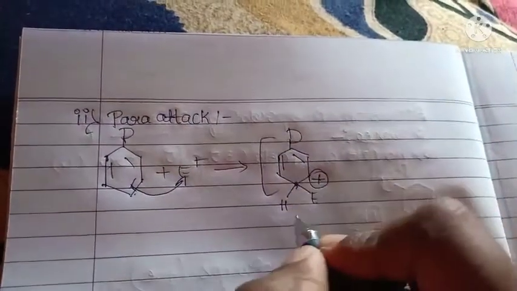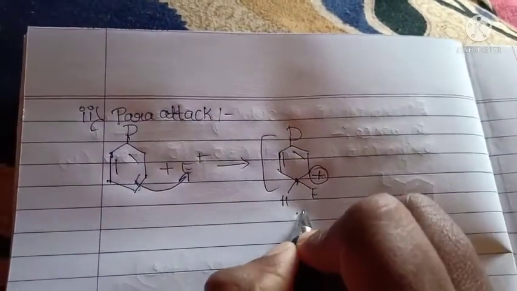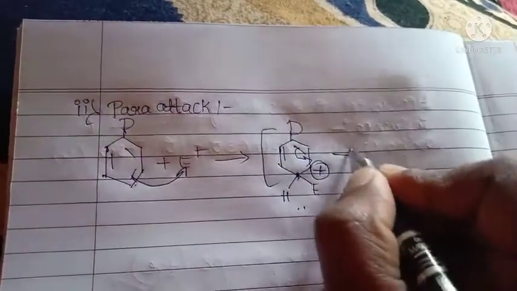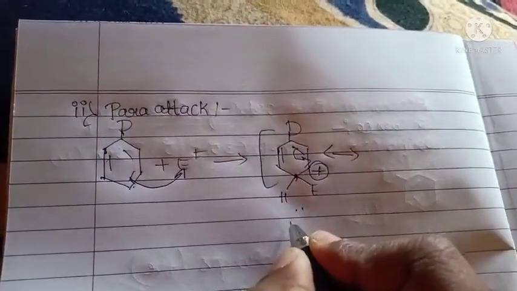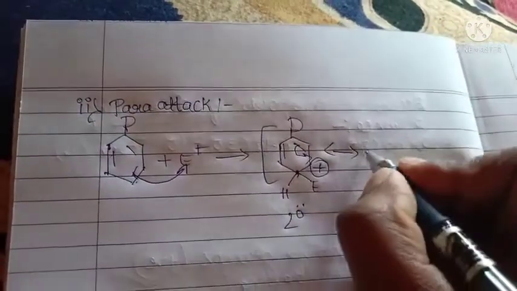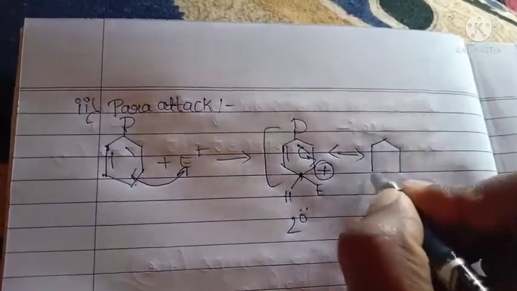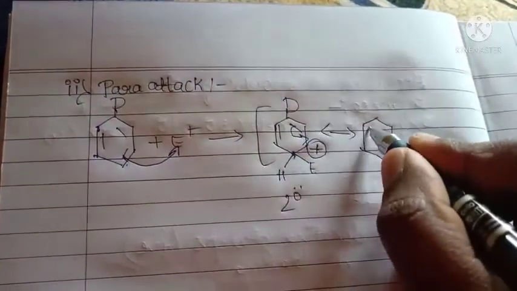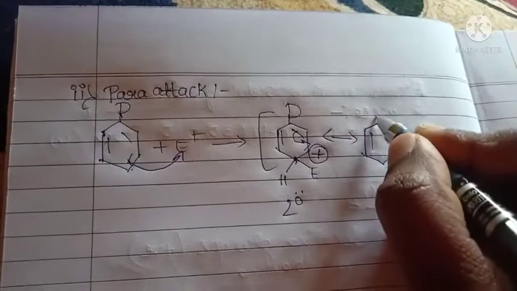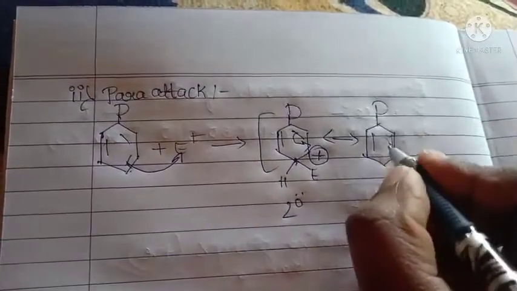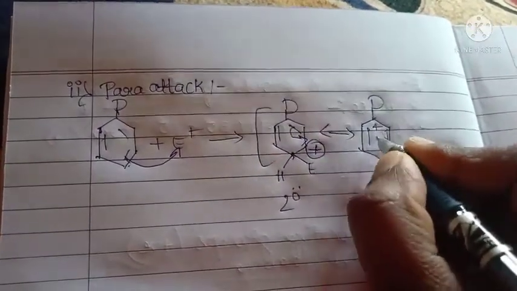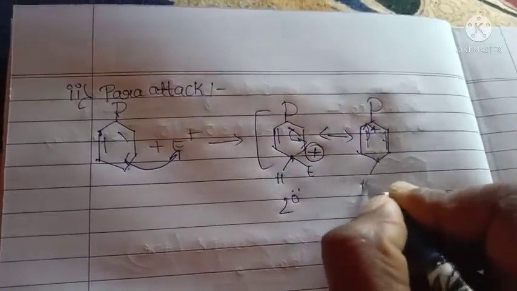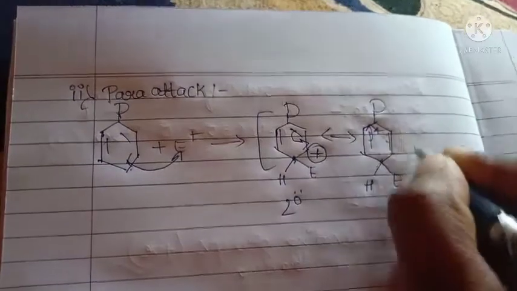This is the para attacking electrophile, and this comes here. So this is the secondary carbocation, and this comes here. D, it carries the positive charge, and this bond goes here. This is H, this is E.